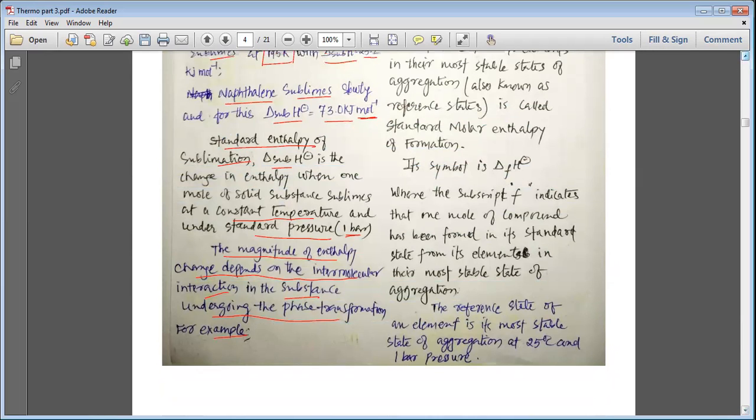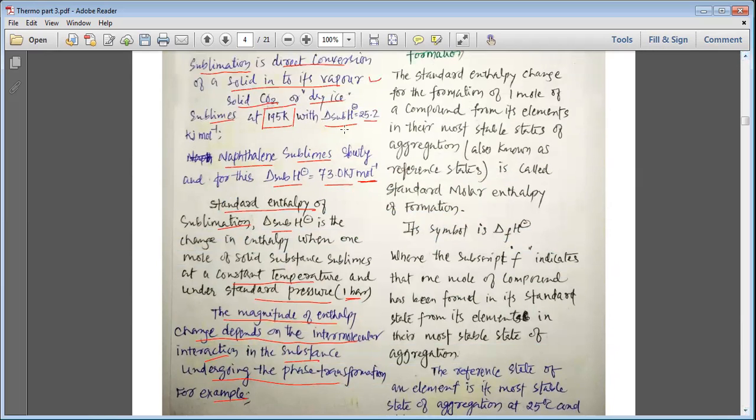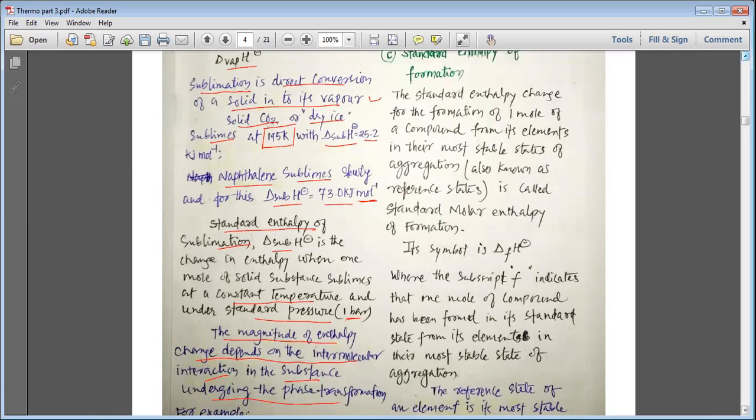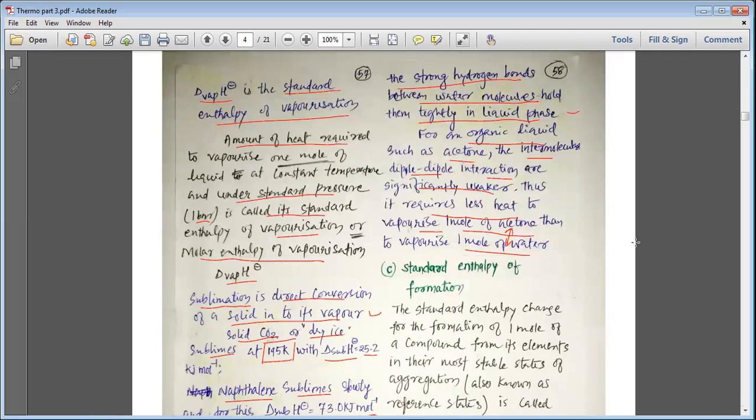For dry ice, carbon dioxide, the enthalpy of sublimation is 25.2 kilojoule per mole. For naphthalene, the enthalpy of sublimation is 73.0 kilojoule per mole. This is how, my dear students, we understand the various types of enthalpies and various reactions.